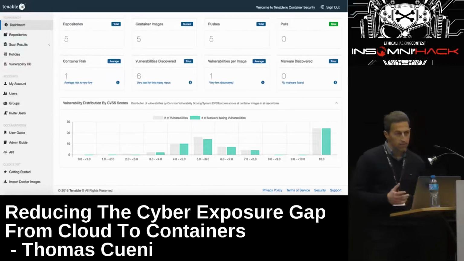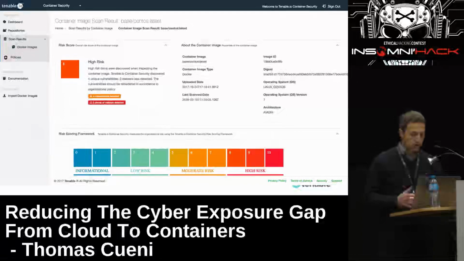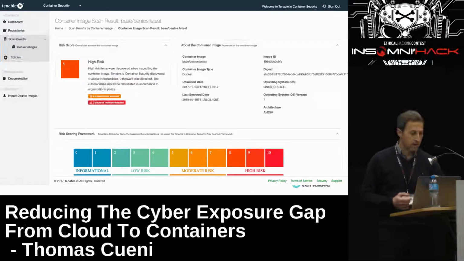And these are just statistical data, which help you see how you compare against your peers, how you evolve over time. But if you know some things about traditional vulnerability management, you are of course also interested in the specific vulnerabilities.